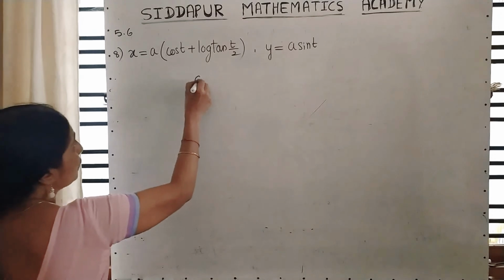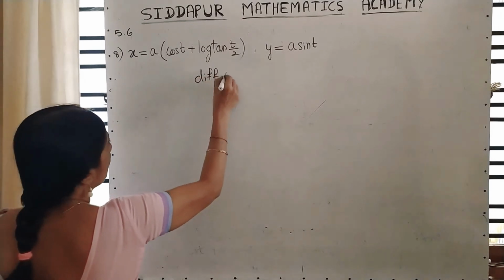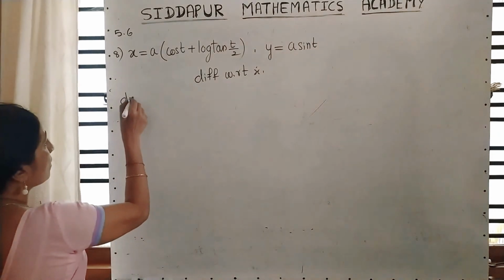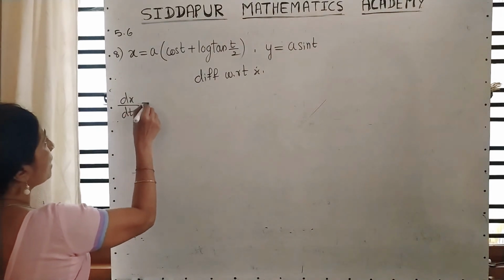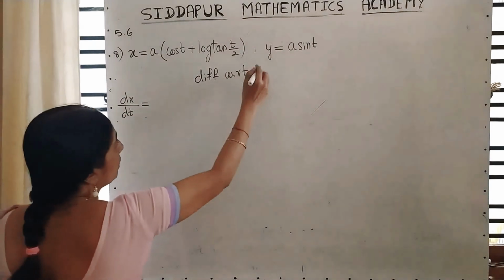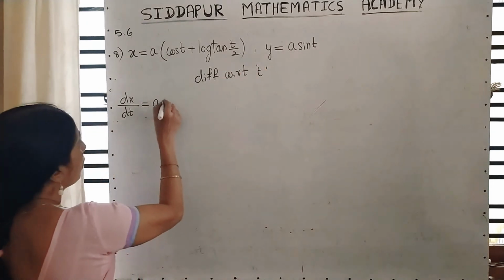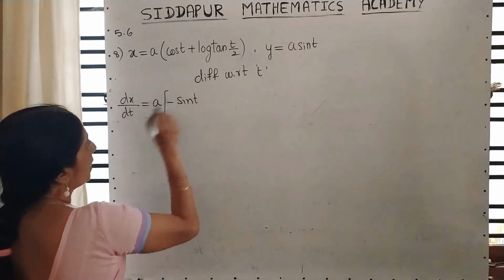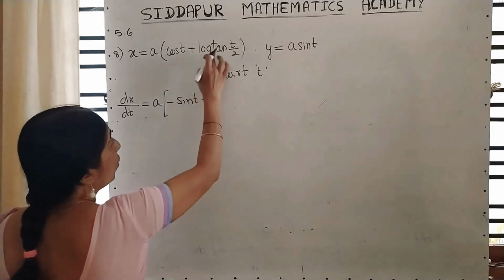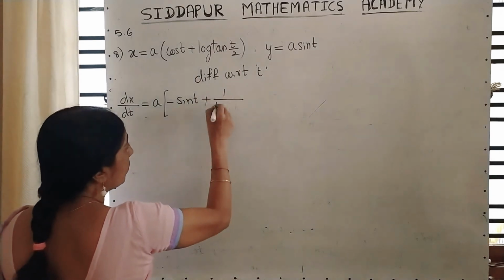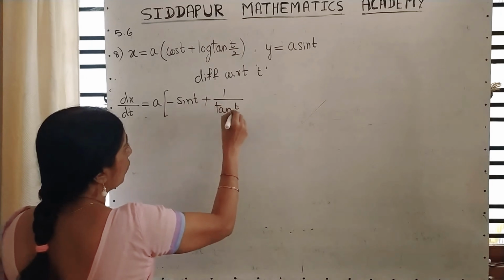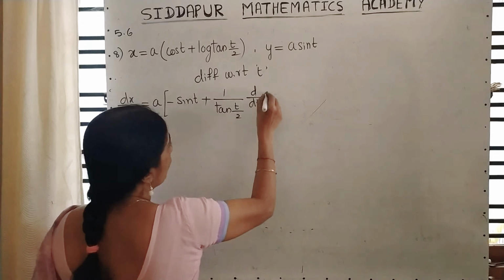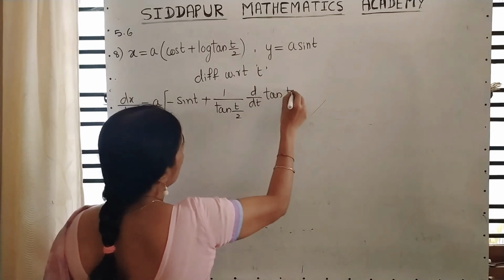So differentiating with respect to t, dx upon dt is equal to a constant in the bracket, differentiation of cos t is minus sin t plus log of tan is 1 upon tan, because differentiation of log x is 1 by x, into differentiation of tan t by 2.